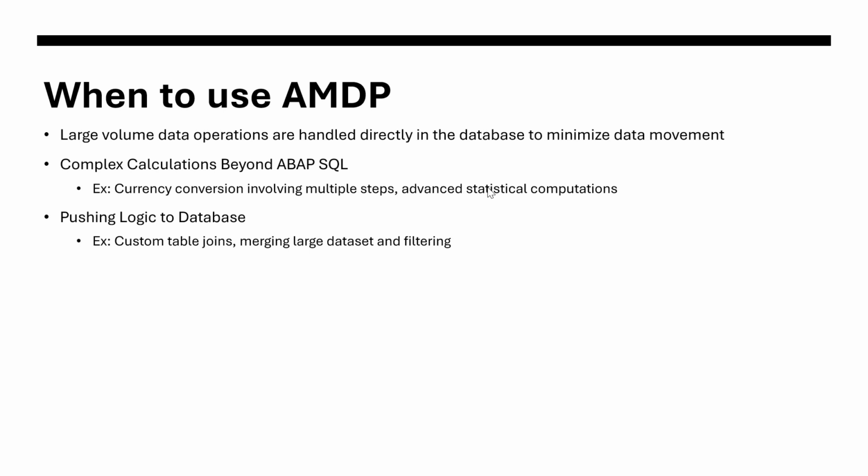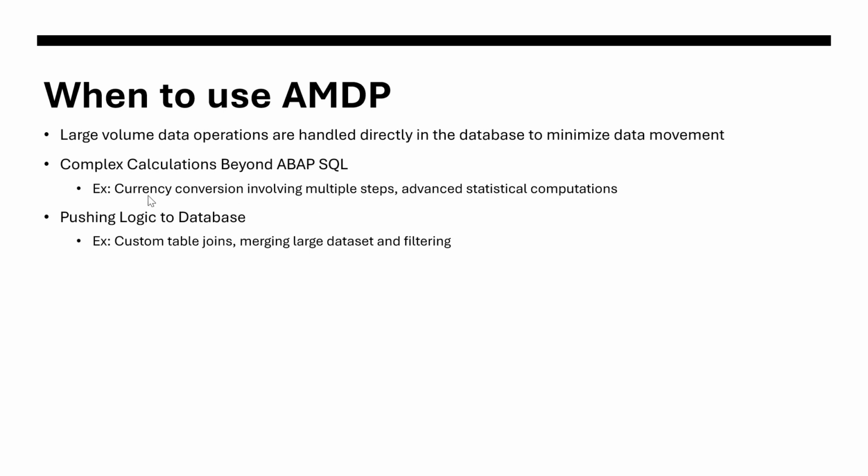At that particular point of time, the performance will be compromised. So at that time, we can use the AMDP so that we can minimize the amount of data which we are transferring to the application layer.